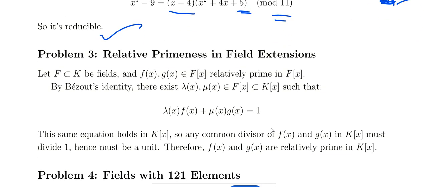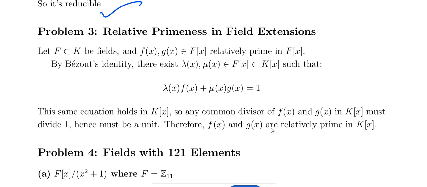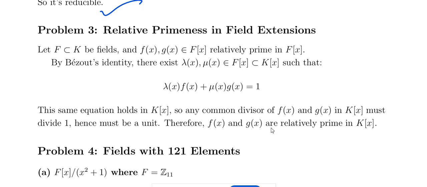And relatively primeness in the field extension. Suppose F is a subset of K, both fields, and f of x, g of x belong to F of x. These are relatively prime in F of x. By the Bezout identity, there exist lambda of x and mu of x in F of x, which is obviously contained in K of x, such that lambda x f of x plus mu x g of x equals 1.